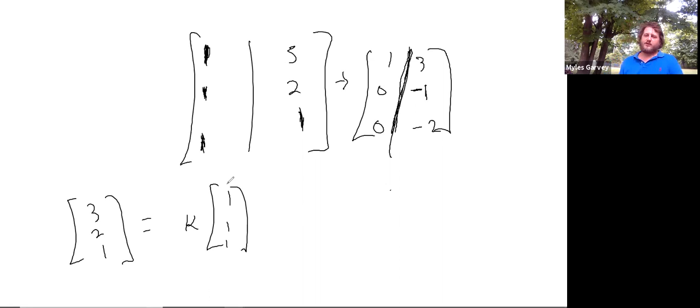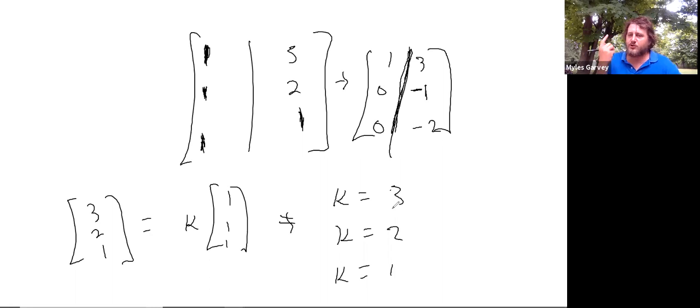And as we've illustrated through our Gauss-Jordan elimination here, rewrite those equations. This is saying k times 1, k needs to equal 3, and k needs to equal 2, and k needs to equal 1, which is a contradiction because 1 and 2 and 3 do not equal each other.